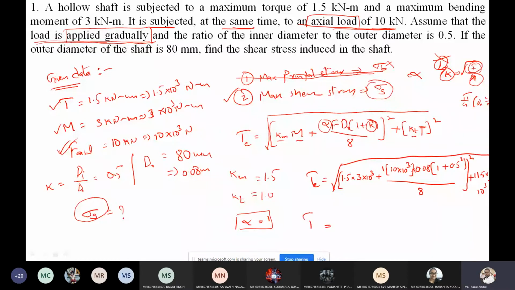Now tell me the Te value in terms of Newton meter. Make it fast, Babu. Tell me the Te value.